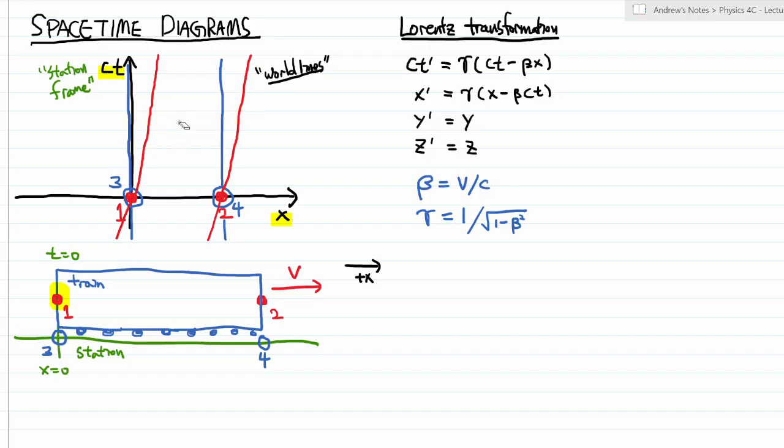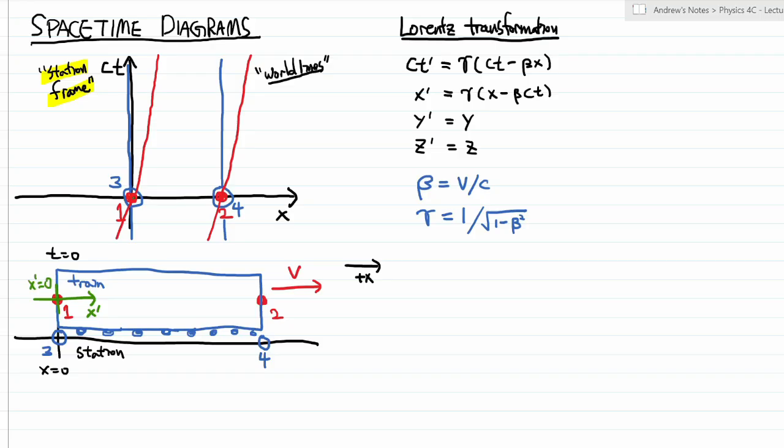Let me try describing here one other reference frame that can be related to the station frame. Let me color code this a little bit better so that I can separate things out. Okay, now everything associated with the station frame is in black color, and I'm going to attach a new coordinate axis to this back of the train, and that'll define my new x prime axis, which is at 0 at the back of the train.